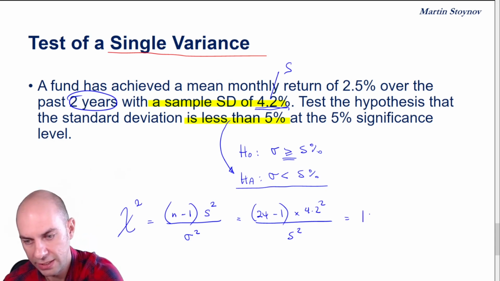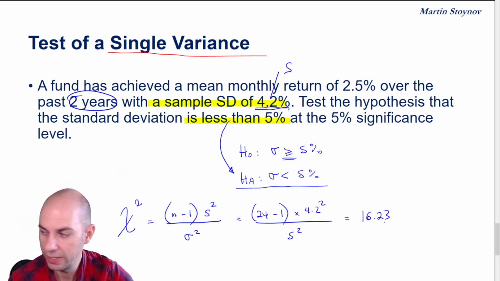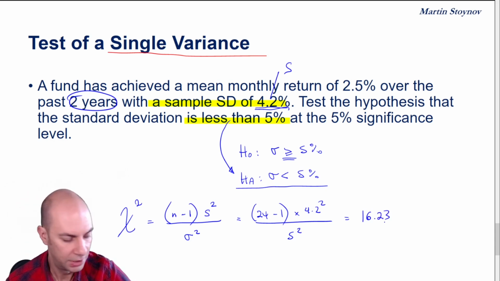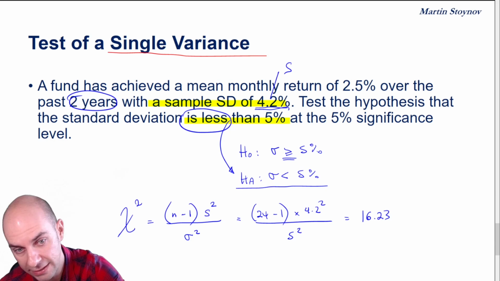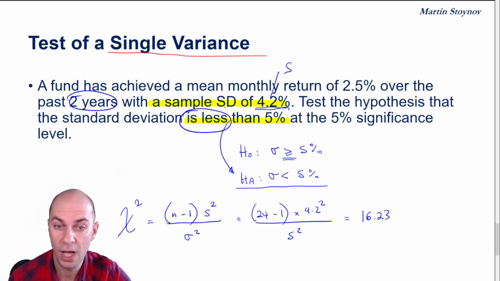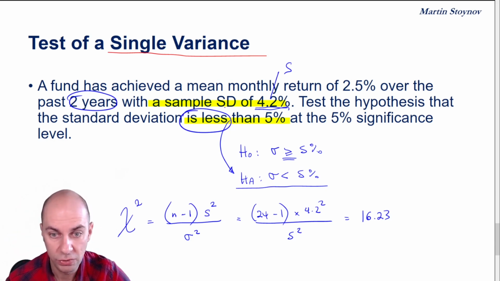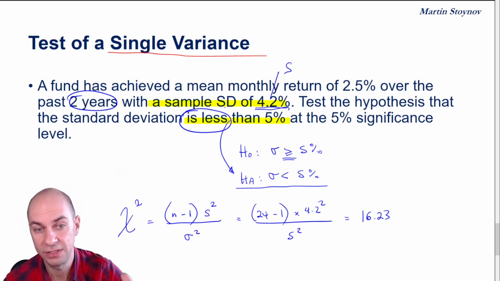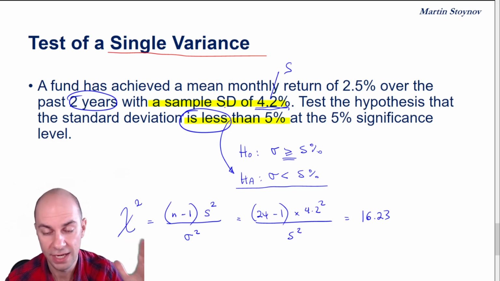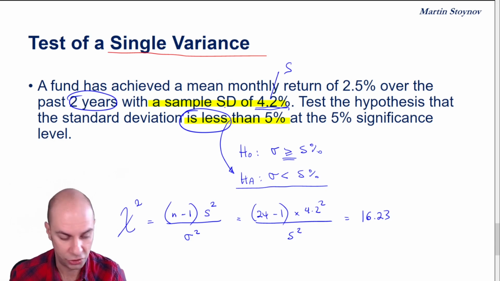And the answer here will be 16.23. Okay, so that is my computed chi-squared. I then need to figure out my critical chi-squared. Remember here that the wording less than signifies that this is a one-tailed test. So the entire 5% significance lies in the left rejection tail.